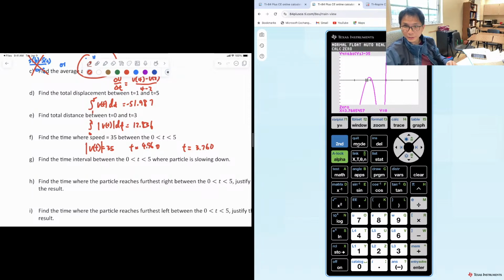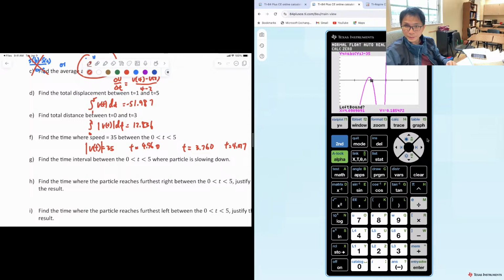And I'm going to go find out the second calc, the zeros. TI Inspire can actually solve for you, but that's okay. 4.076. And I'm going to do second calc all the way to the other side.